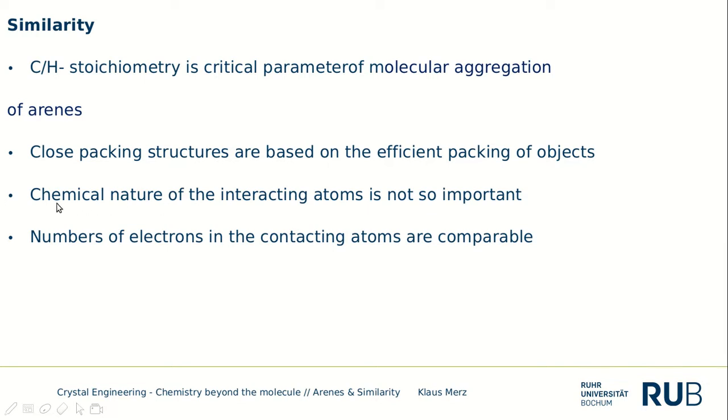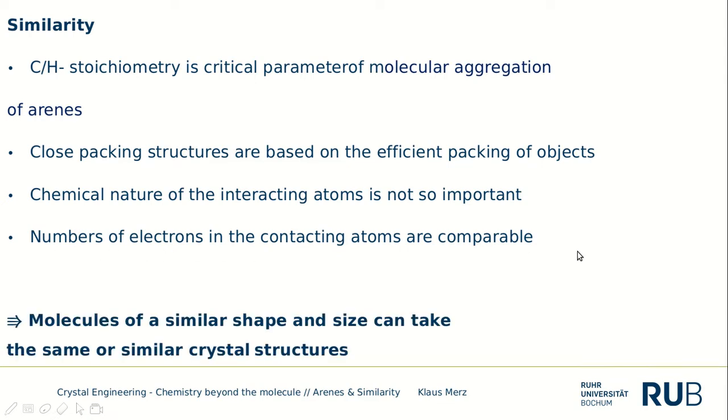The chemical nature of atoms or of a molecule is not important. Much more important for crystal packing is that the numbers of electrons of contacting atoms are comparable. And if you look at the last two sentences, you can summarize and say molecules of a similar shape and size can take the same or similar crystal structure.